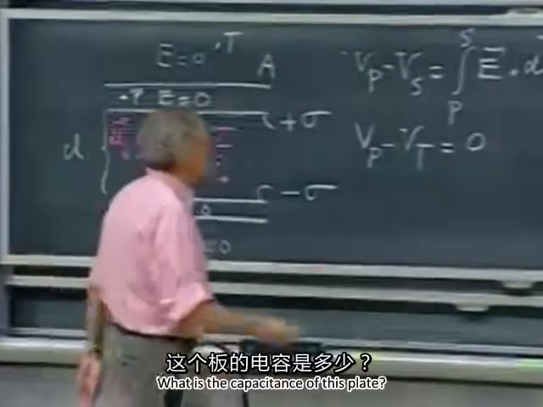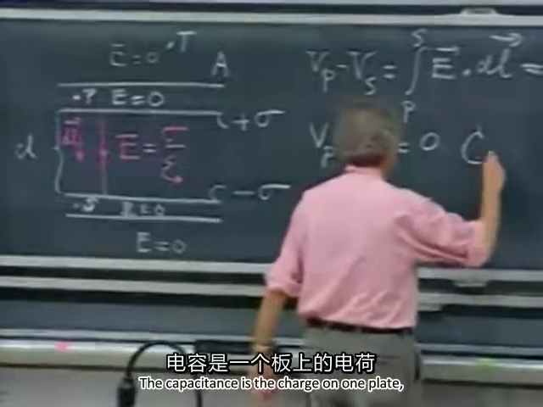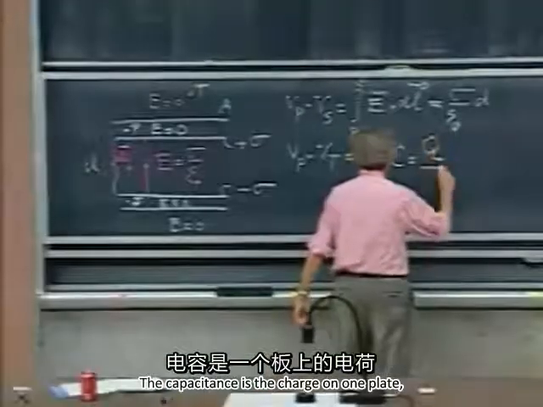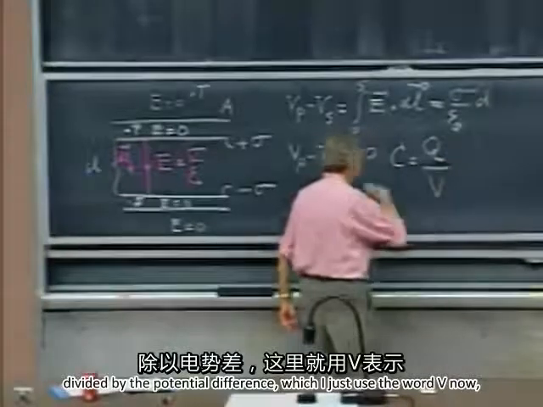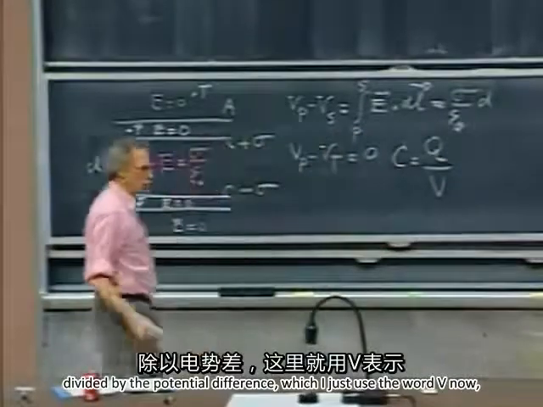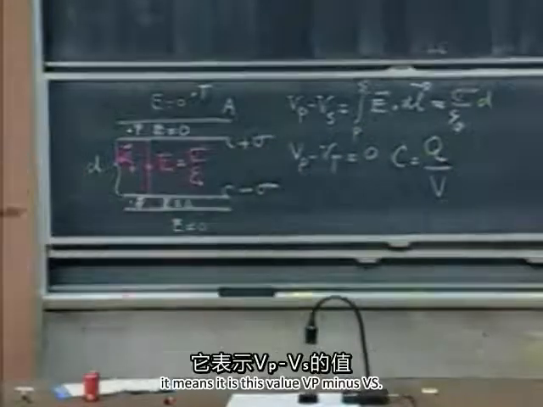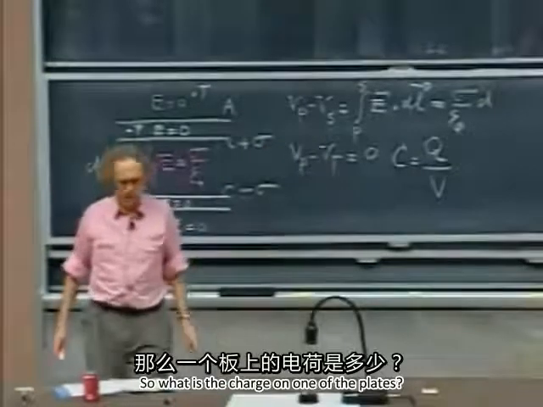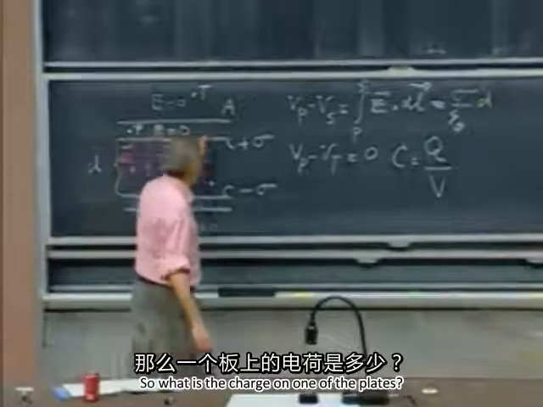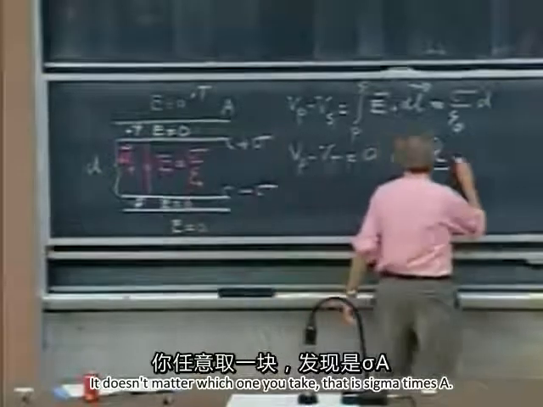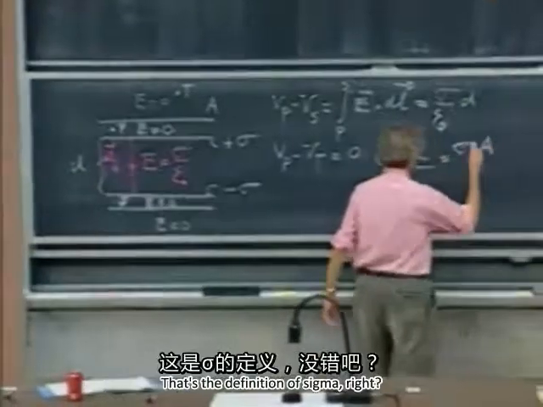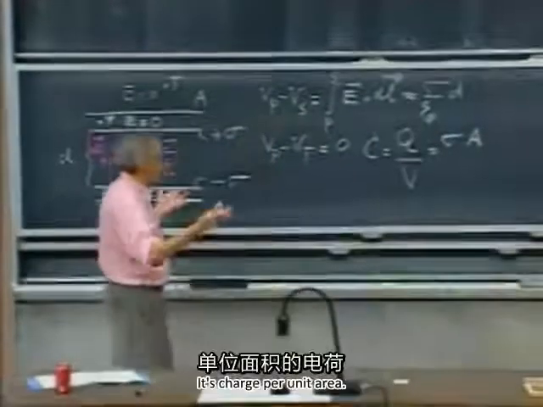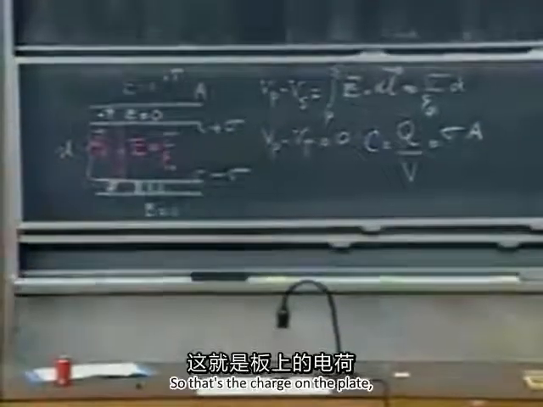What is the capacitance of this plate? The capacitance is the charge on one plate divided by the potential difference, which I just use the word V now. That means it is this value, Vp minus Vs. So what is the charge on one of the plates? It doesn't matter which one you take. That is sigma times A. That's the definition of sigma, right? It's charge per unit area. So that's the charge on the plate.